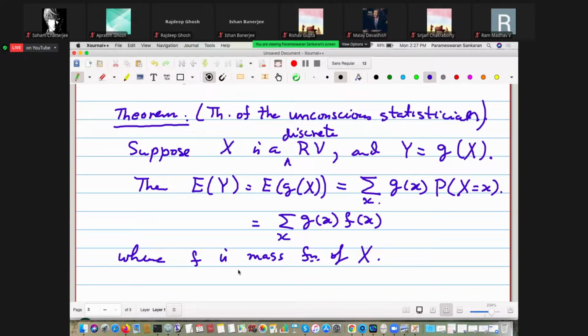No, no, this is correct. You should not expect that. For example, g of capital X could be X square, so capital Y could be X square. Oh, okay, yes.